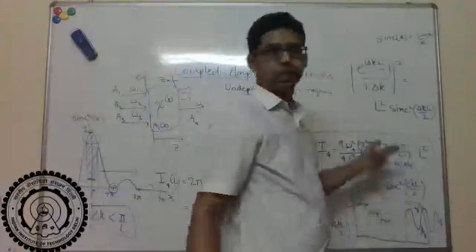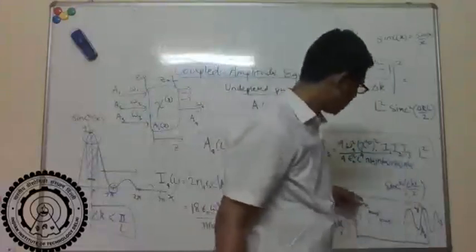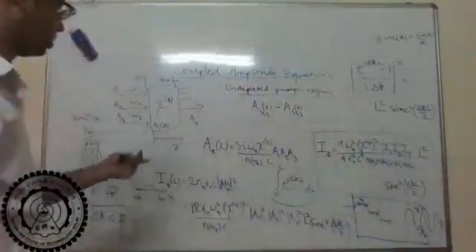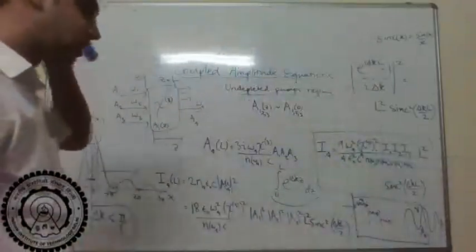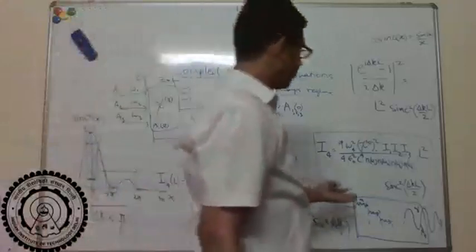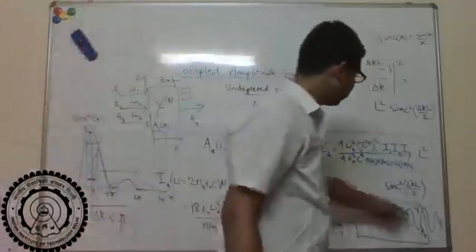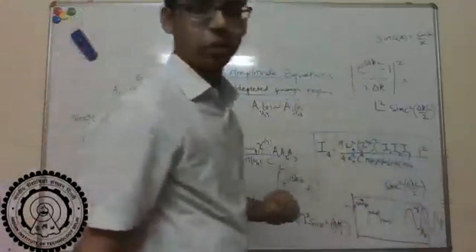Now if delta k is, let's say, 0, then all of these waves add up in phase and you get a big wave out. So that's when the conversion is efficient. But if delta k becomes large, then all these wavelets are out of phase and they destructively interfere to give you nothing at the end.